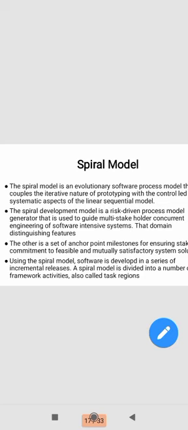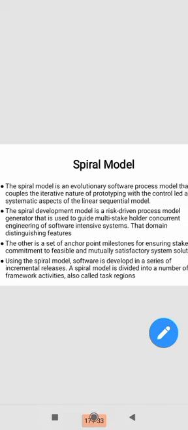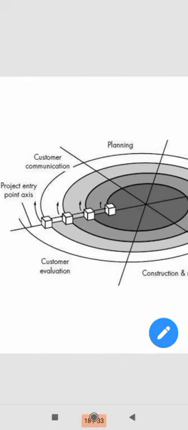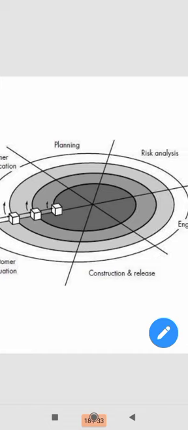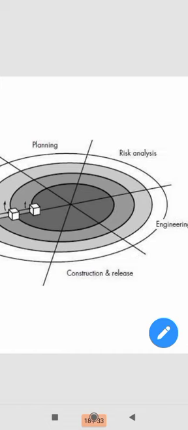I am dividing the project into a number of activities and giving each activity to one developer. So the work will be easier and it can be rotated to everyone. That is called framework activities, and it is also called task regions. So, the spiral model. Here is the picture for the spiral model. First one is planning.